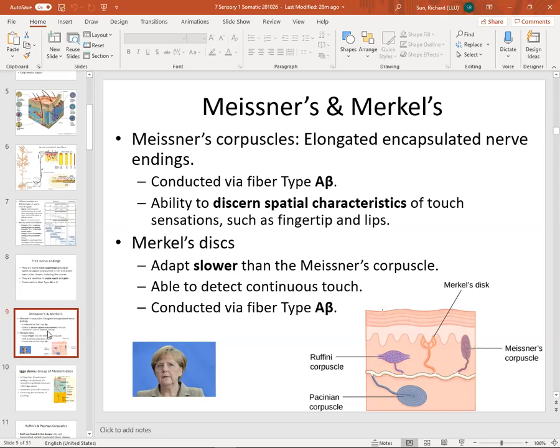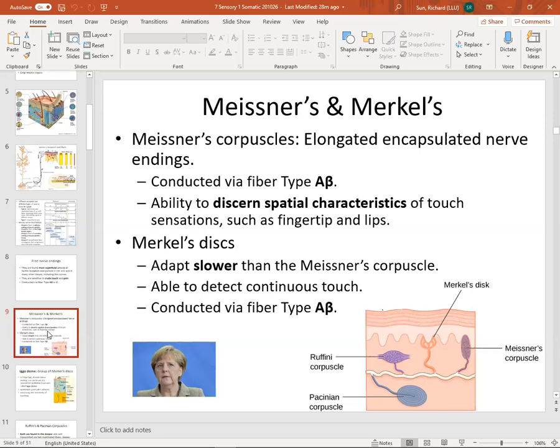Some receptors adapt fast, some receptors adapt slow. And we need both. We need some receptors that don't keep bothering us with a constant stimulus. We need to focus on our life, right? We don't really want to feel our glasses or hats. We want to feel something more interesting, right?